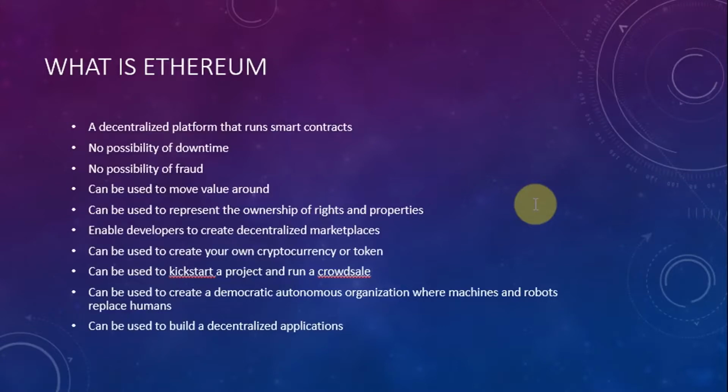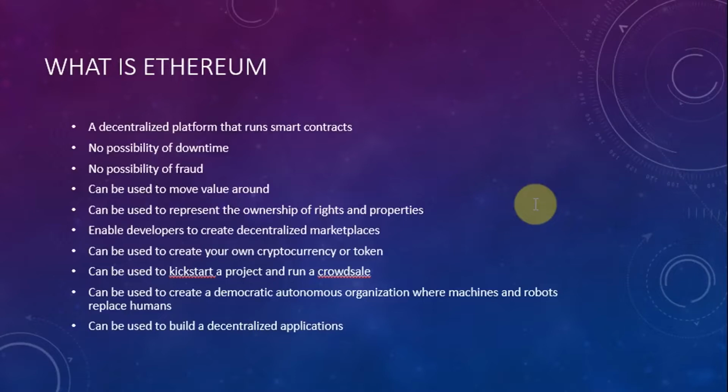And of course, as a developer, as a programmer, you could create your own truly decentralized autonomous organization where you don't need accountants, you don't need lawyers, you don't need intermediaries to act as escrows and to check issues and transfers of rights, of properties and ownership.